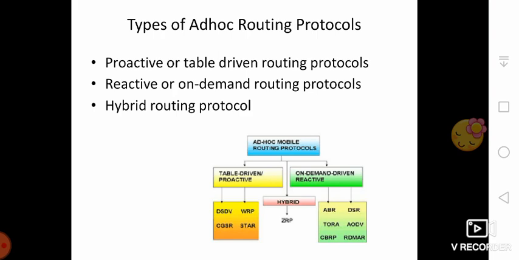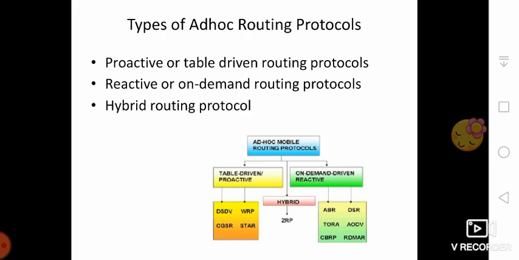Then it has some types: dynamic source routing protocol, ad hoc on demand routing protocol, temporarily ordered routing protocol, location aided routing, then associativity based routing, signal stability based routing protocol, flow oriented routing protocol, likewise.